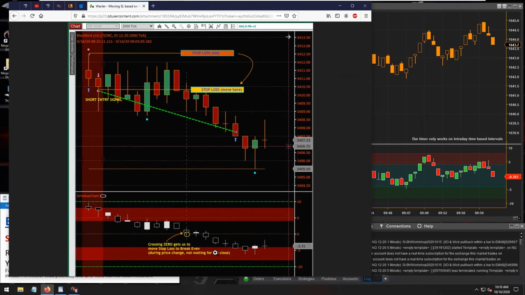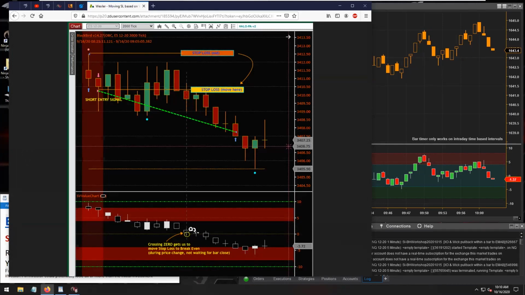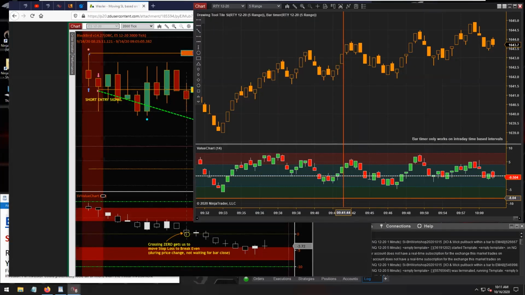So there's two parts to this question: we want this indicator to be monitored in real time, and we also want the indicator to be used as a trigger to move the stop loss.